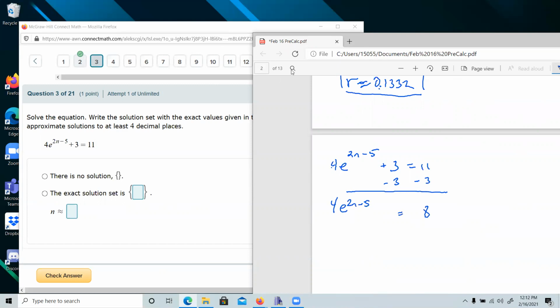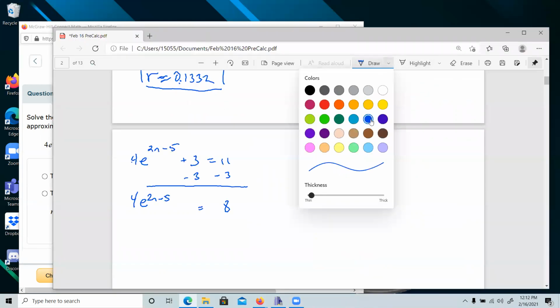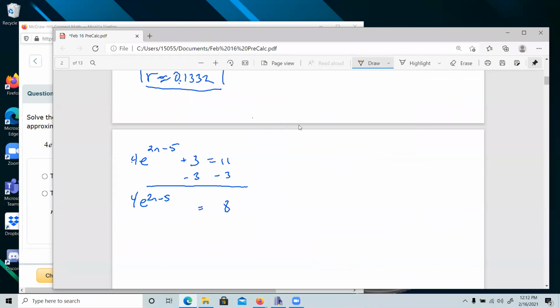Okay. Now, at this point, I can take the logarithm of both sides. I would not recommend it, and here's why. Again, I'll use this brown for the unhappy way of doing the problem. So we have 4e to the 2n minus 5 is equal to 8. This is not negotiable.